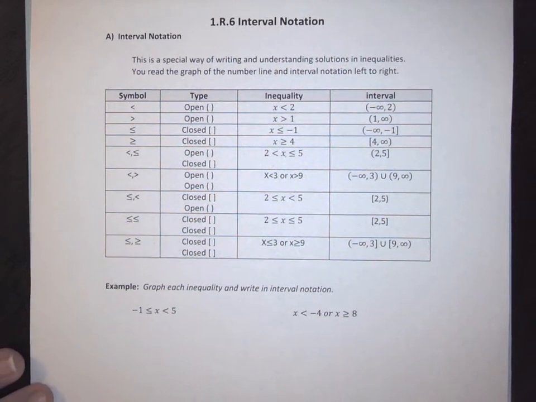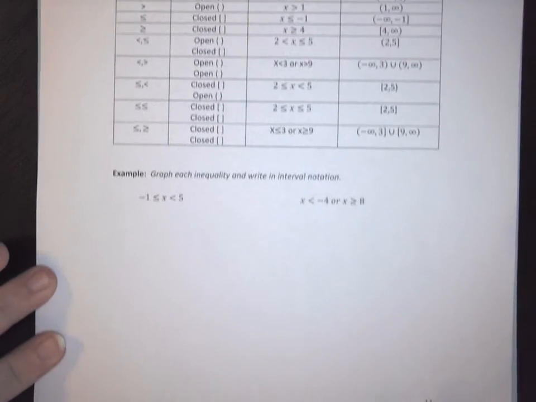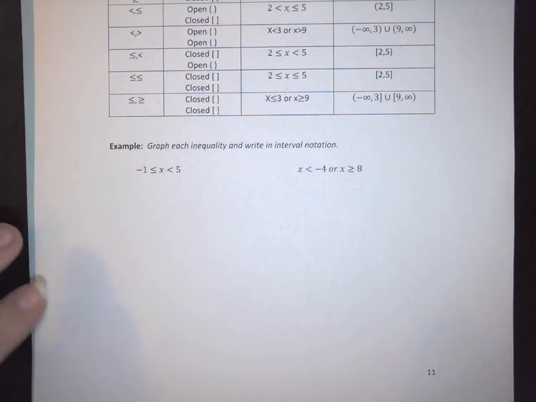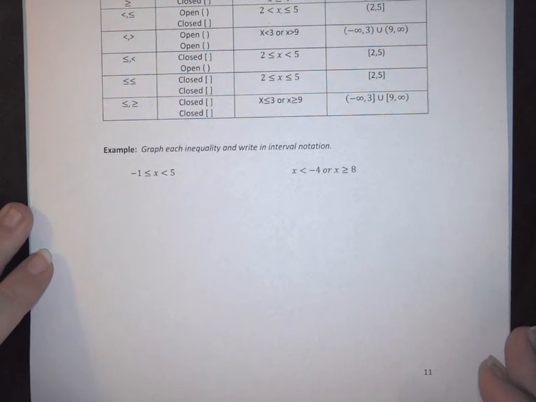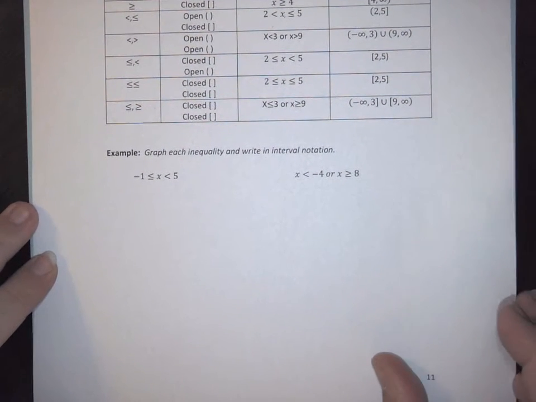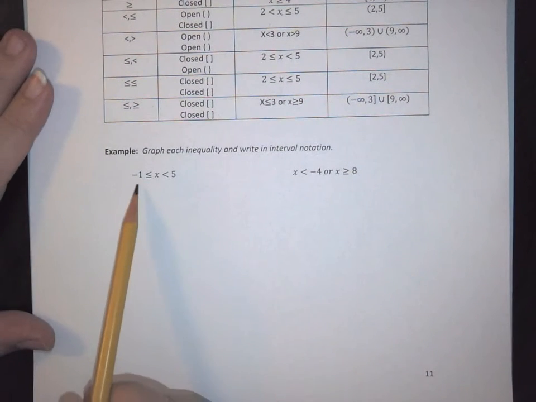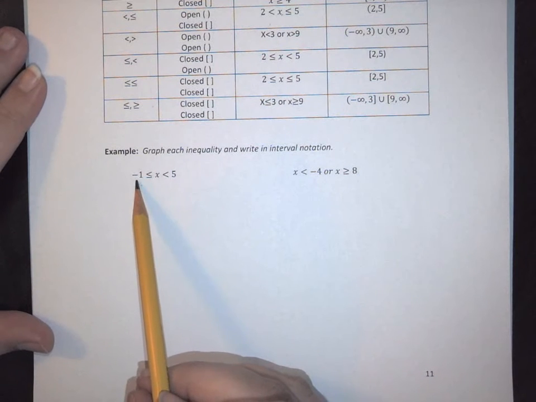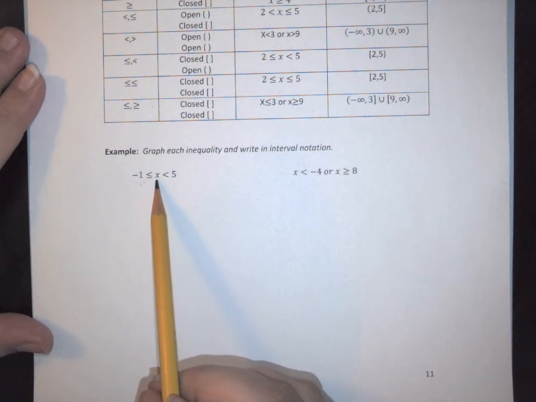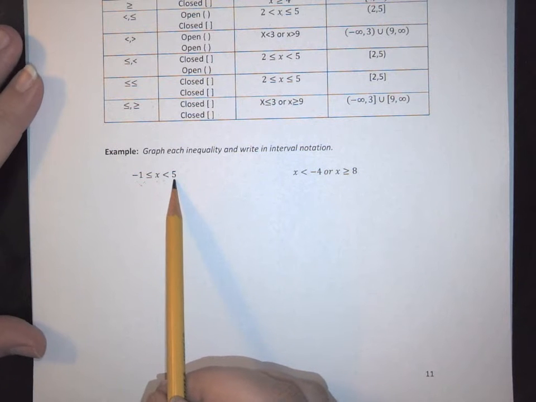So here we're just going to look at a couple quick little examples so that you can see a refresher on graphing an inequality and writing its interval notation. So if we look at this first one, notice I have -1 is less than or equal to x is less than 5.